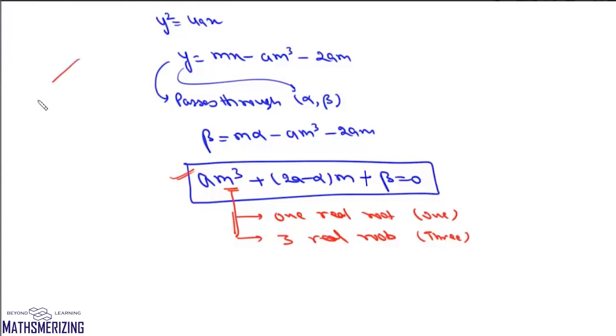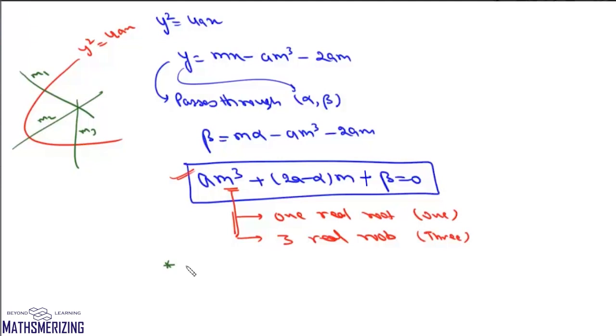So suppose we have this parabola which is y squared equals 4ax. Then from certain points we can draw three normals to this parabola whose slopes are m1, m2 and m3. Let us consider a question where from this point (alpha, beta), three normals can be drawn.